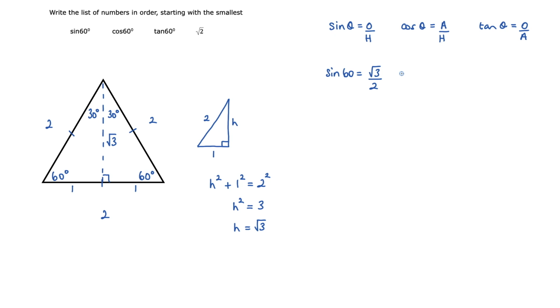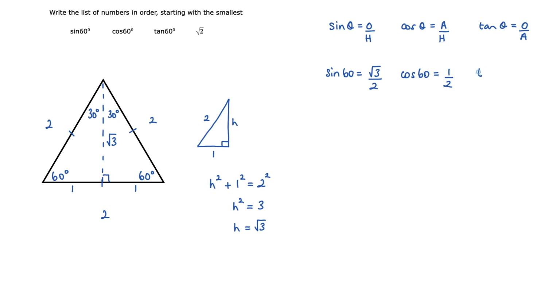Next we have cosine of 60, and that is adjacent over hypotenuse. So again, looking at this 60 degrees, adjacent means next to. So adjacent to 60, we've got 1. So it's 1 over the hypotenuse, which is 2. So 1 over 2, or just a half.